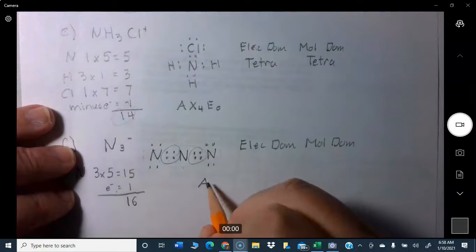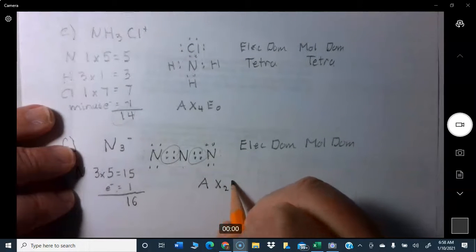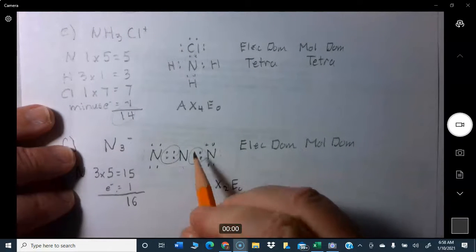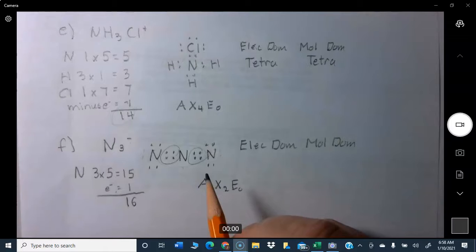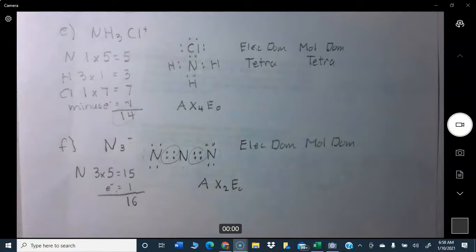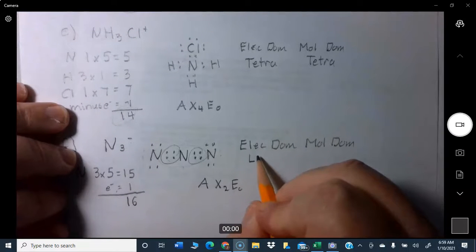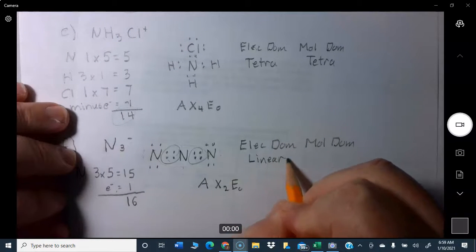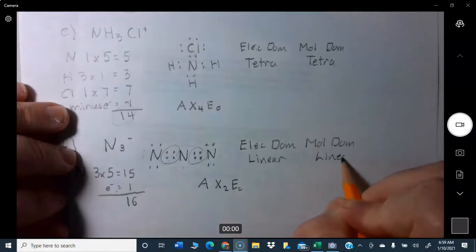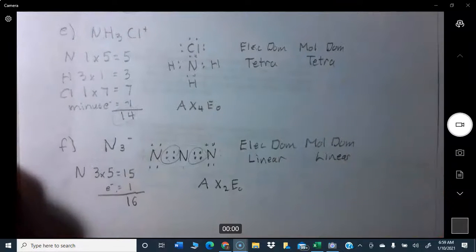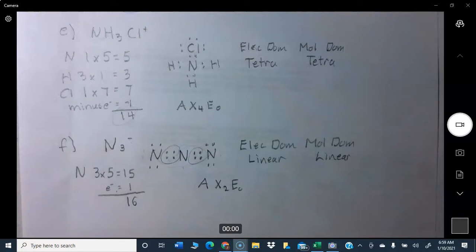So that's going to be an AX2E0. Remember, double bonds still count as 1 bonding domain. It's one location where you have electrons. All right, and that's that. So that's going to be linear, just like CO2.